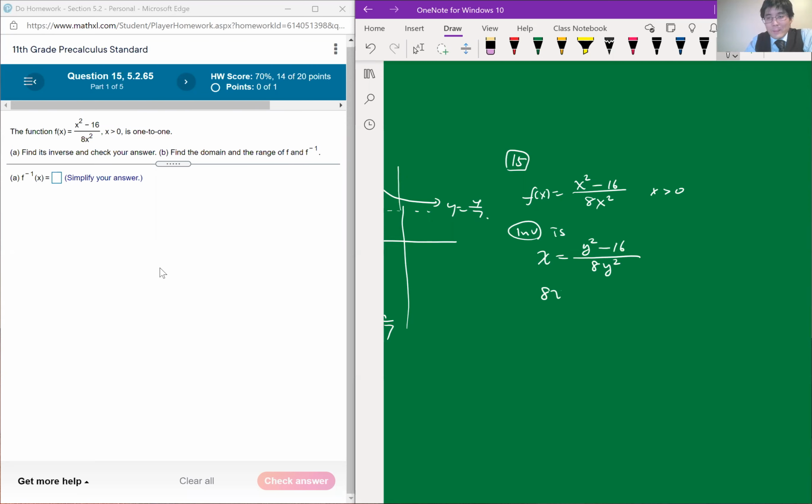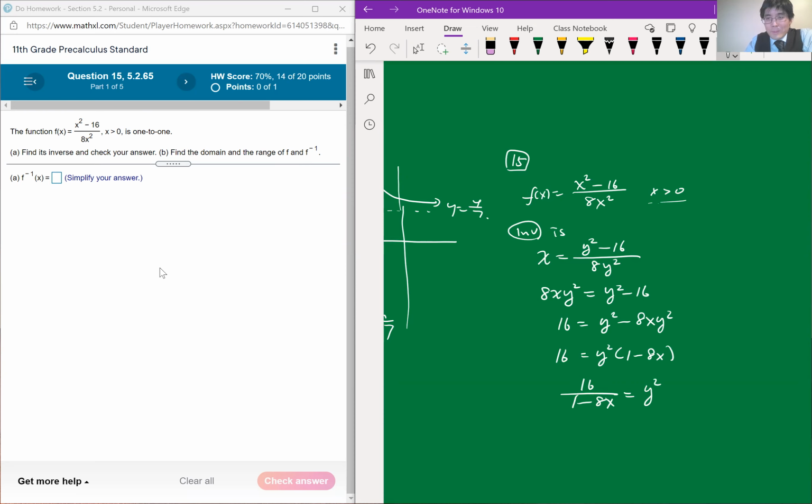Multiply both sides by 8y squared to get 16 equals y squared minus 8xy squared. Combine these like terms and factor out y squared. Divide both sides by 1 minus 8x.